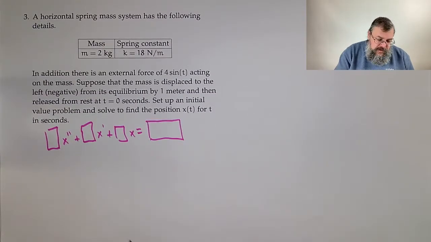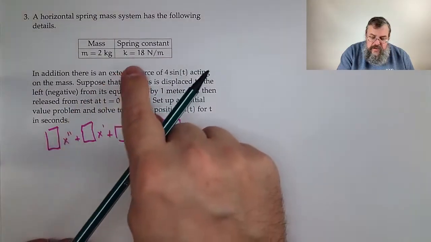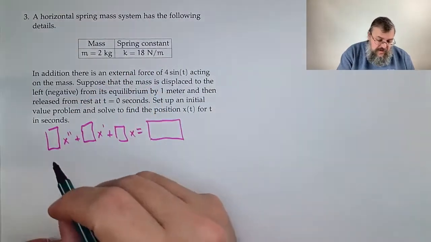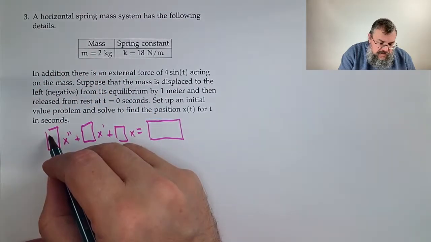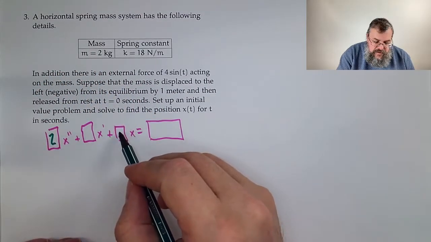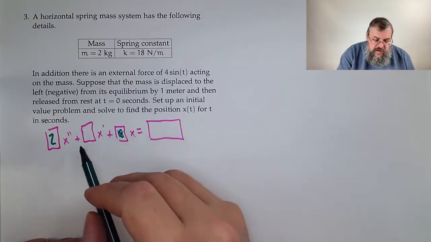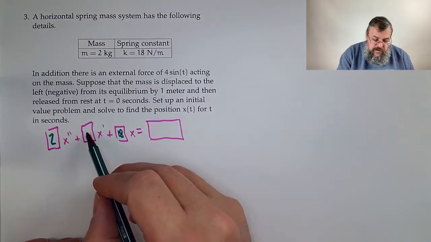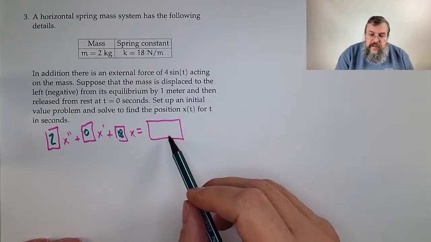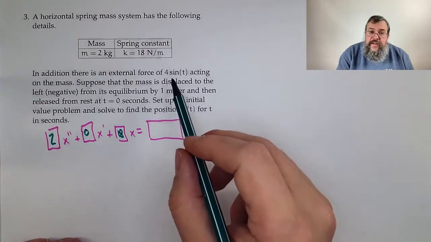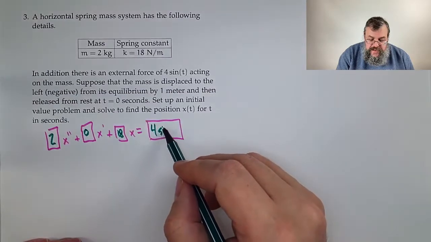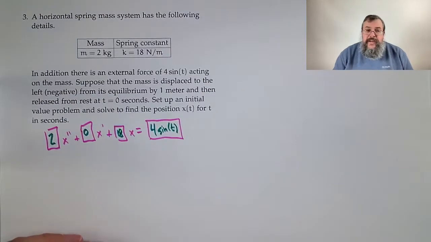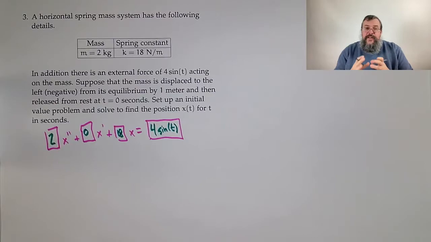Well, what goes in front of the x double prime is, not the spring constant, that's the mass. The spring constant goes in front of the x. The x prime is the damping. There is no damping. And this box is the external force. So that's 4 sine of t. All right, so that's our differential equation.